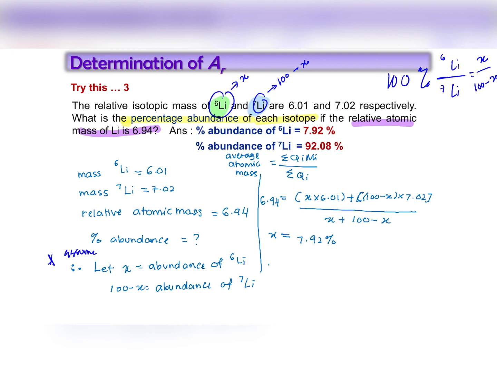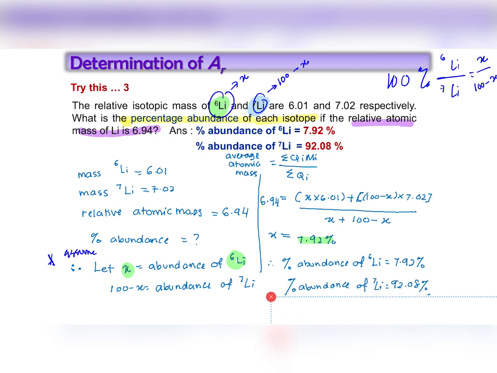Okay, so the green one, 7.92, is X. So what did we assume X to be? Lithium 6's percentage abundance. So how do we find lithium 7? Just put it into the calculation. So 100 minus X. So this is lithium 6 just now. And for lithium 7, 100 minus 7.92, you will get 92.08%. Okay, so state your final answer.